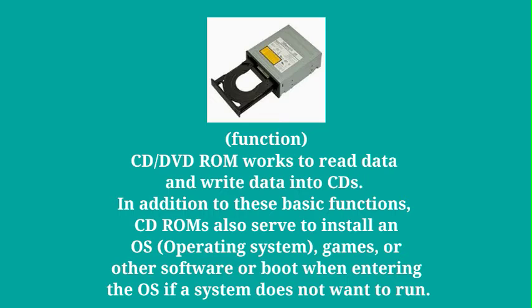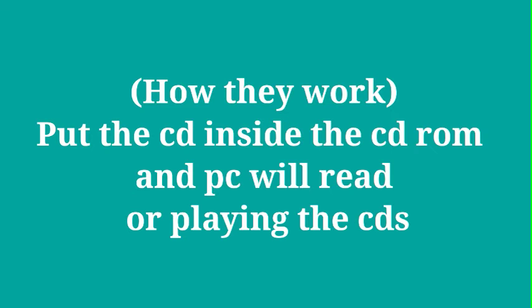In addition to this basic function, CD-ROMs also serve to install an OS, operating system, games, or other software, or to boot when entering the OS if a system doesn't want to run. How does it work? Put the CD inside the CD-ROM and the PC will read or play the CD.